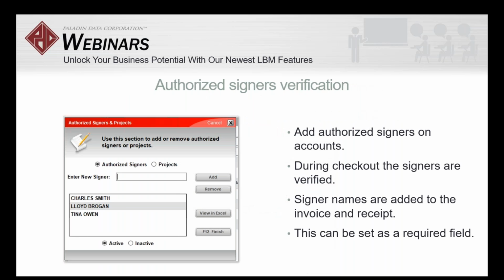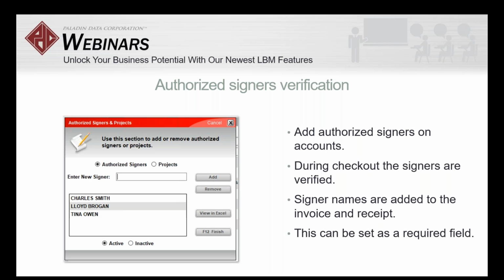All right, moving on to authorized signers verification. So we have authorized signers. So when people come in and they have their subcontractors or their workers for the contractor, they need to be added to the authorized signers list if that's a policy of that particular contractor or of the store.